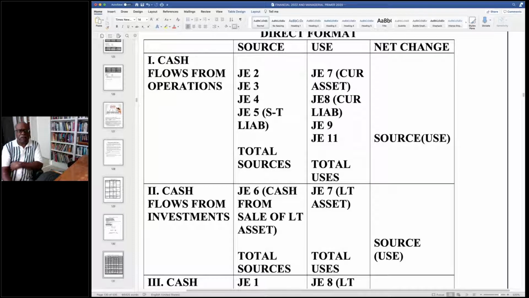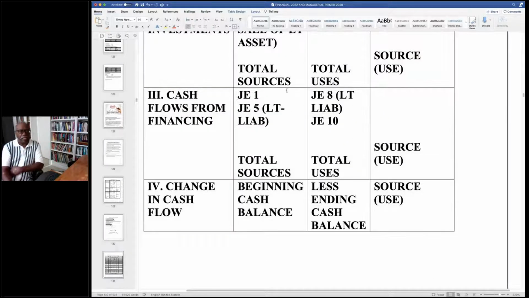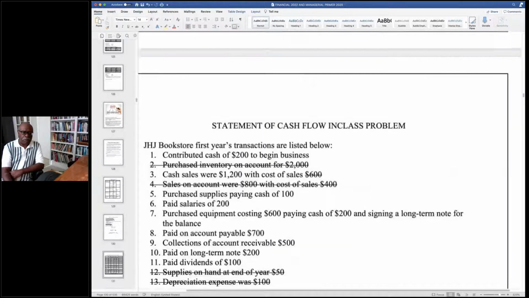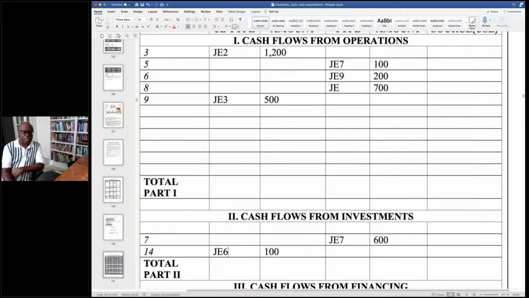In investment, if it was long-term assets versus current assets and current liabilities. Financing has the long-term liabilities, dividends, and contribution of stock.